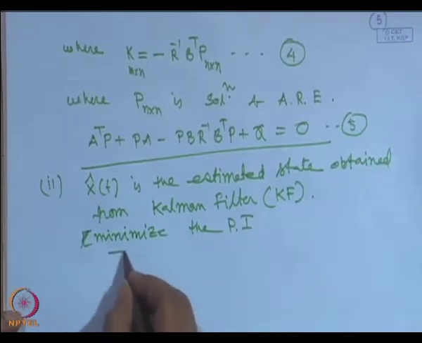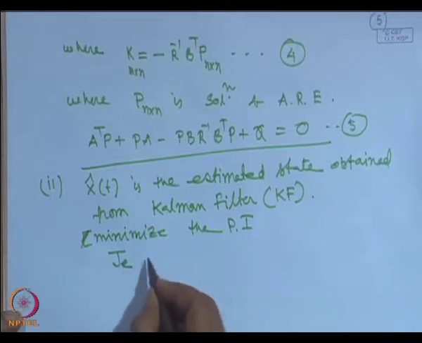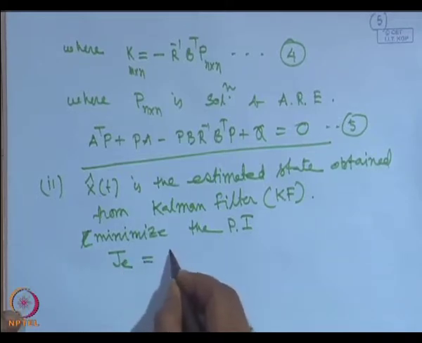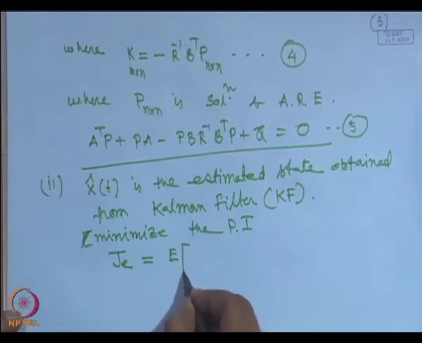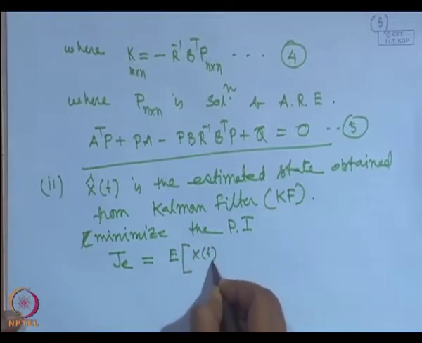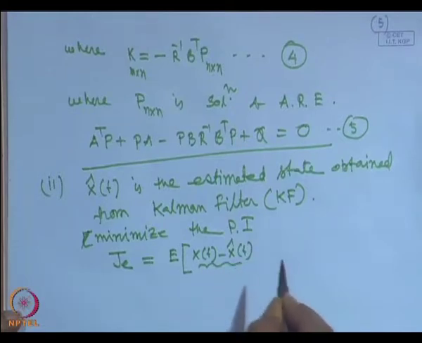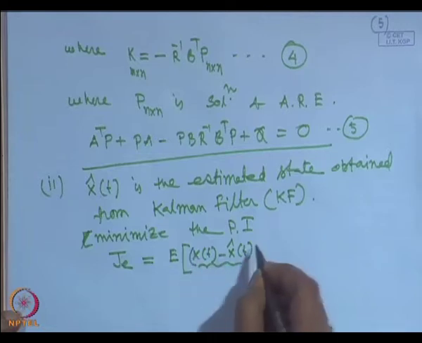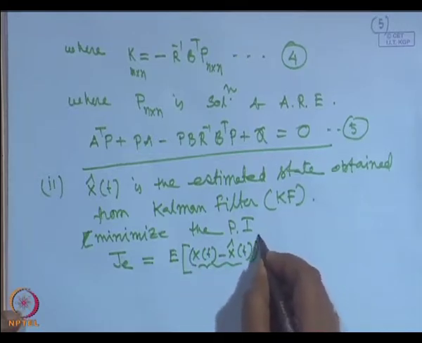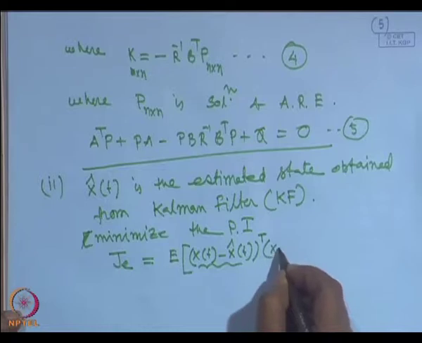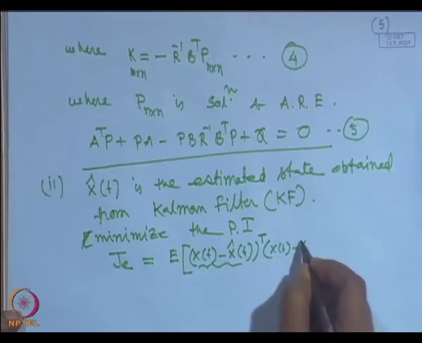What is this performance index considered for the estimator? That J_E is equal to the expected value of x of t minus x hat of t, this is nothing but the error between the actual state and the estimated state, into transpose, x of t minus x hat of t.